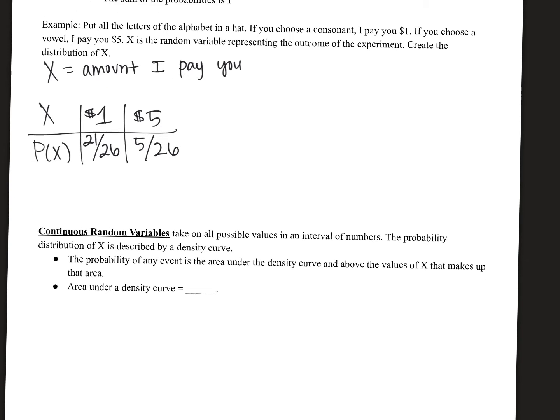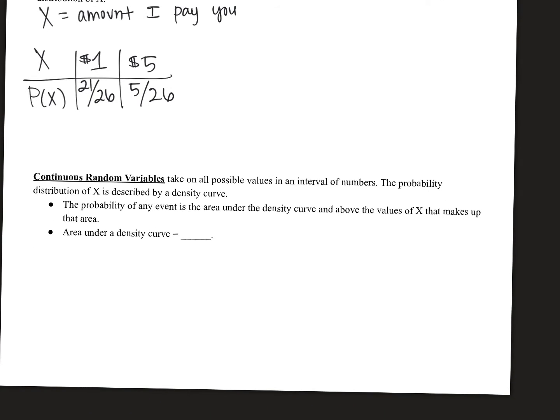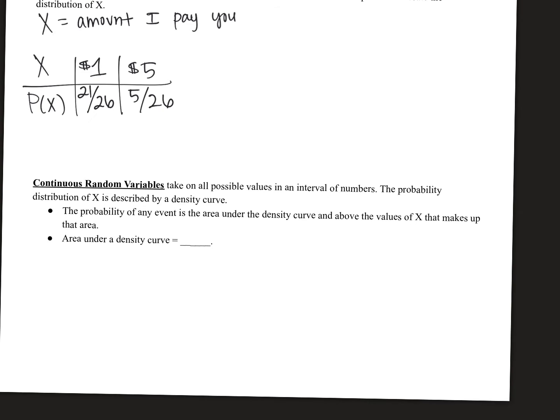Okay. The other type of variable we can have is a continuous random variable. So they take on all possible values in an interval of numbers, and the probability is described by a density curve. So the probability of any event is the area under the density curve and above the values of x that make up that area, and the area under a density curve is 1.